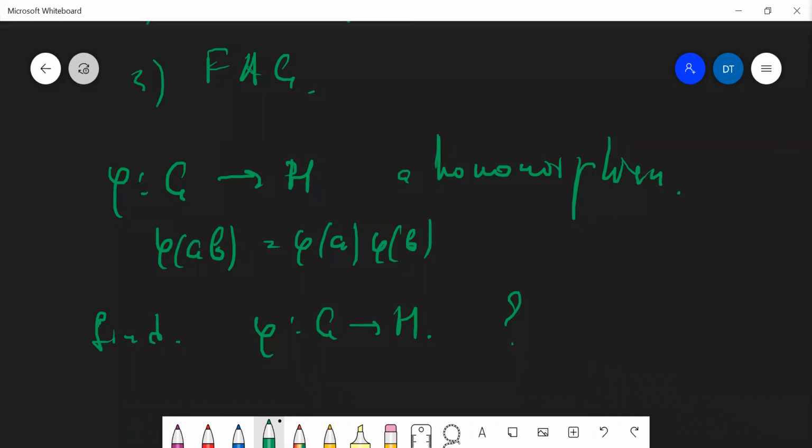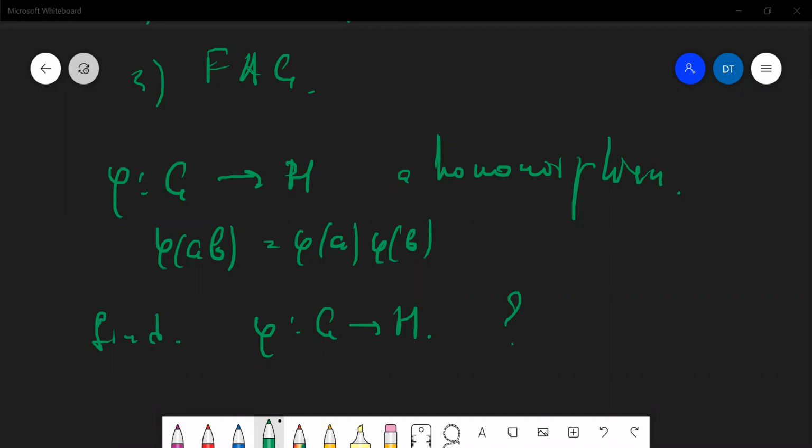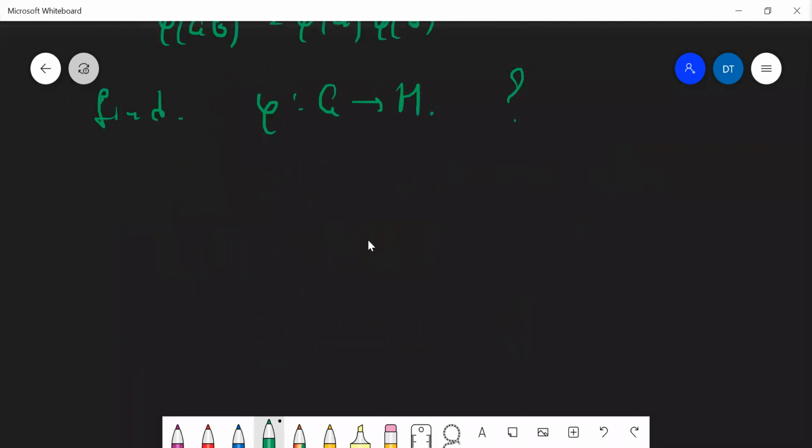So I want to stick to these cases. First of all, it's easy to describe all homomorphisms. Case number one: all homomorphisms from the group Z to an arbitrary group H. Let me show you how to produce a homomorphism from Z to H. Let's take an arbitrary element h from the group H, just any element you want.